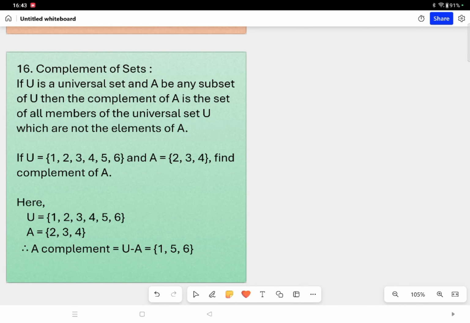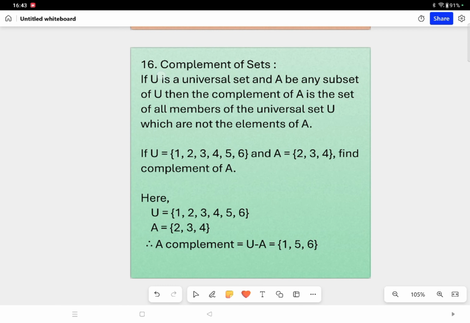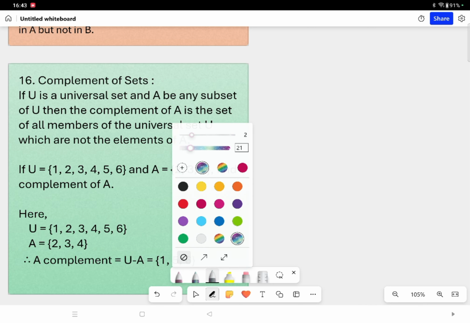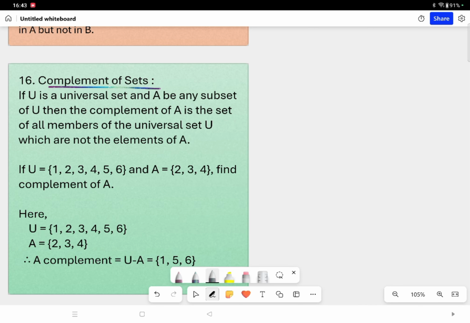Coming to the last operation of sets, and that is the complement of sets. Now what is the complement of a set? Like in the universal set, what you have learned, U is the universal set and it is the combination of all the sets which are related to it, right? So if U is a universal set and if I am taking capital A as any subset of U, subset also is a concept you have learned.